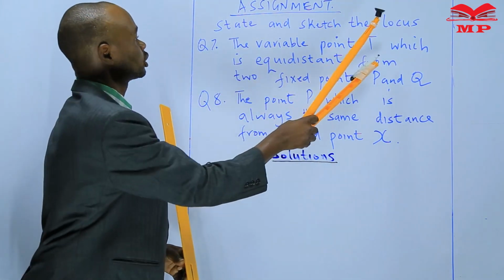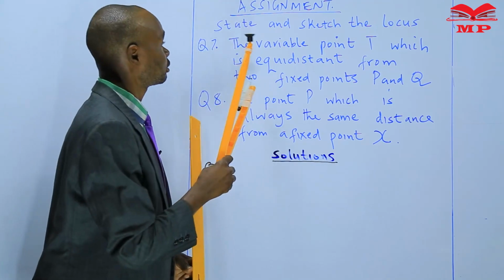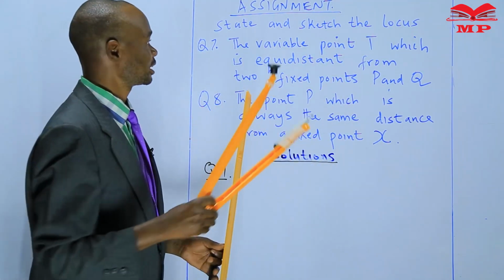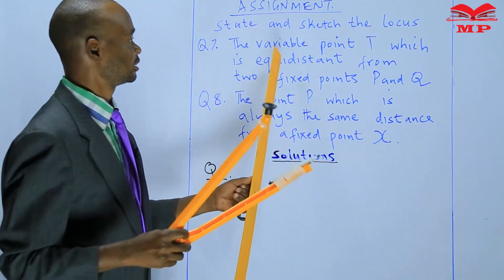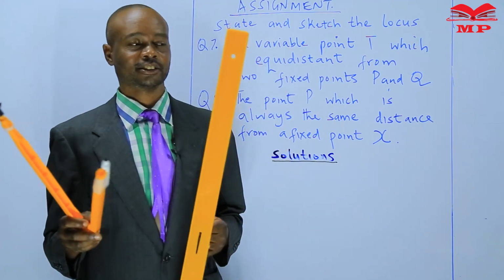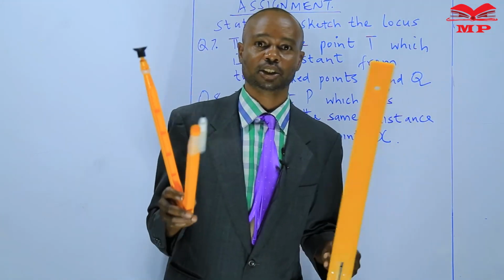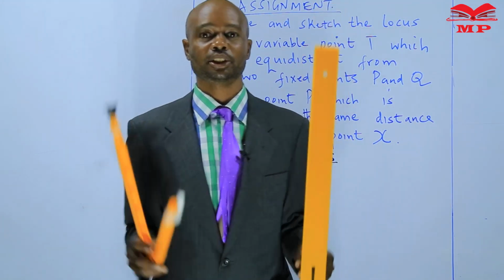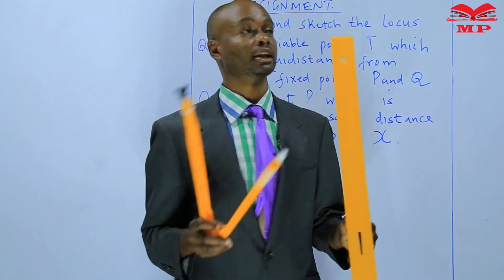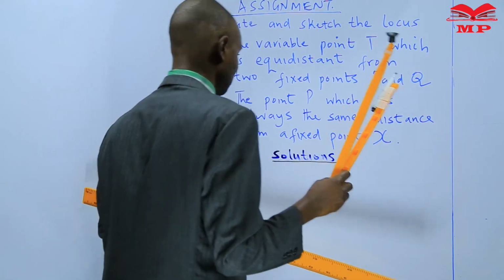The variable point T is equidistant from 2 fixed points P and Q. There is a word there, equidistant. That's in fact the law. Another simplification of the word equidistant is at equal distances, at equal distance from the 2 points.